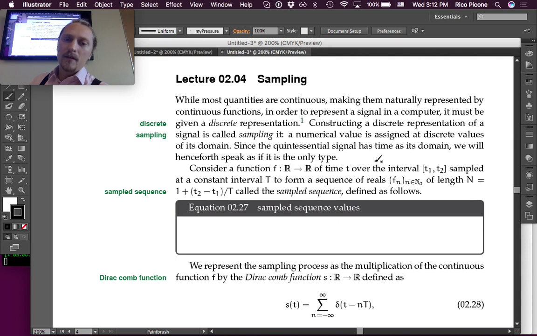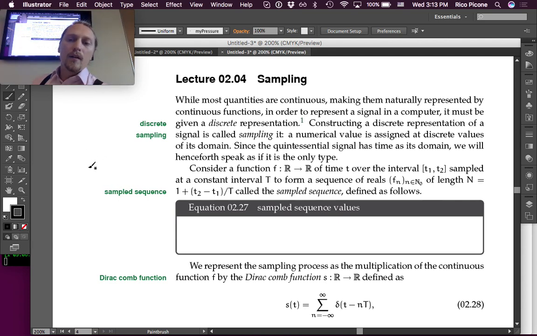So f is a continuous function of time over the interval t1 to t2, sampled at a constant interval T. So big T is going to be our interval for our sampling to form a sequence of real numbers that's denoted f sub n, where each n is one of the counting numbers, so non-negative integers.